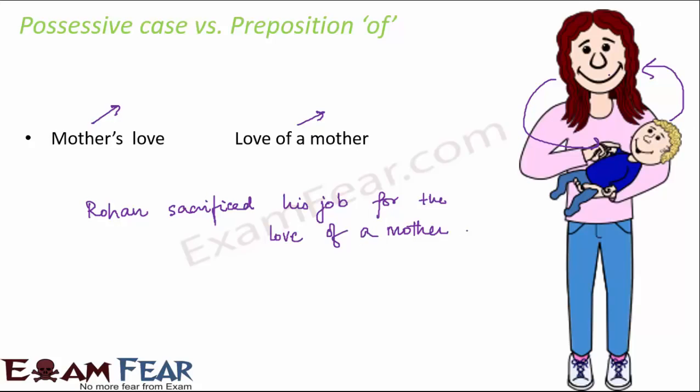So when we say love of a mother, it could be the love that a mother has for the child, or it could be the love that the child has for the mother. But when we say mother's love, it is always the love that is possessed by the mother, or the love that is owned by the mother. So it is always the love that the mother has for the child. So please understand these minute things so that when you write English, you write grammatically correct English.